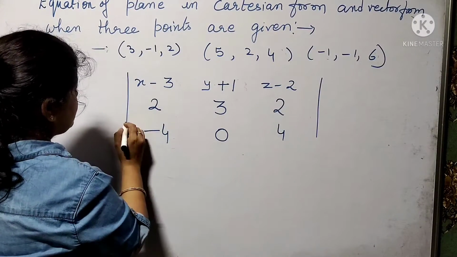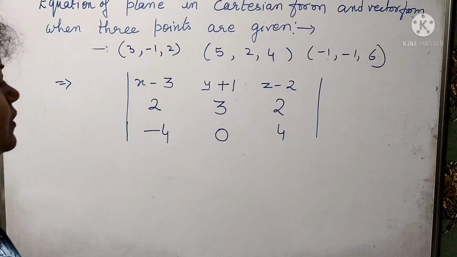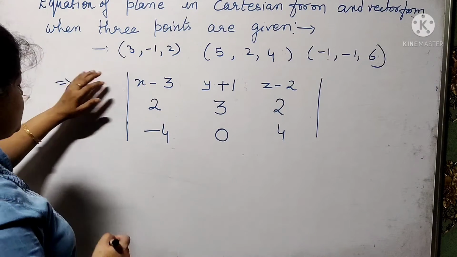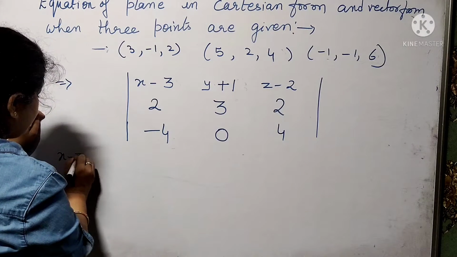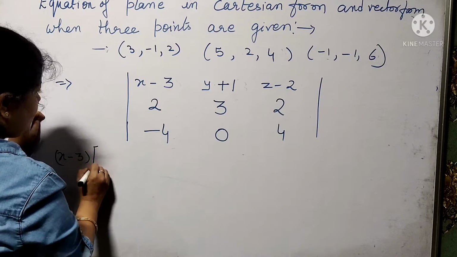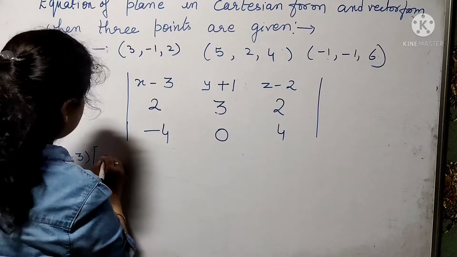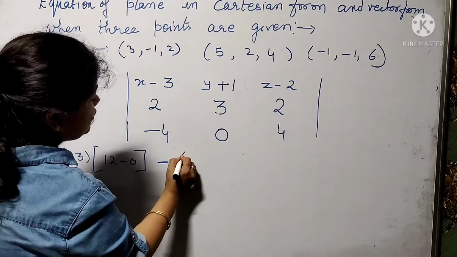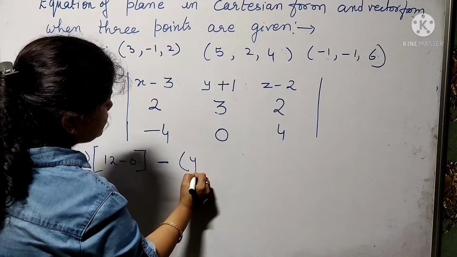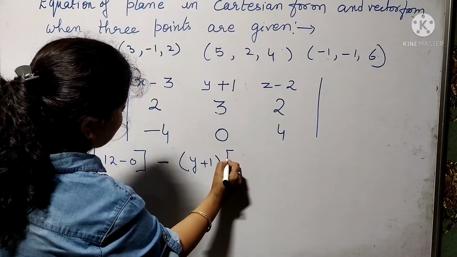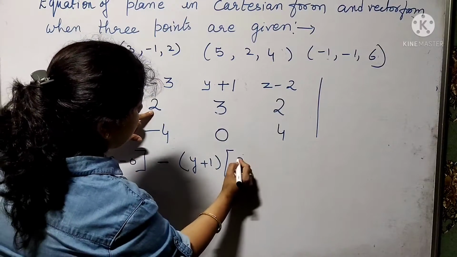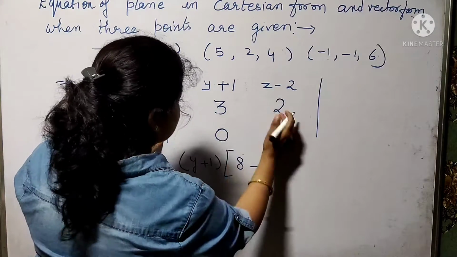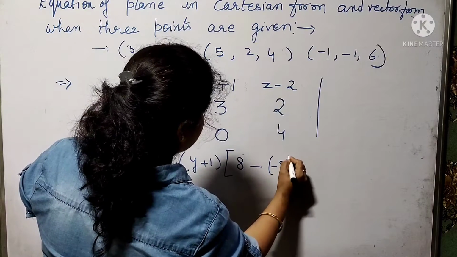So in this way we got a determinant. Now when we solve we get x minus 3, then 3 4s are 12 minus 0. Then we put a minus sign over here. Then y plus 1 and 2 4s are 8 minus 2 4s are 8.